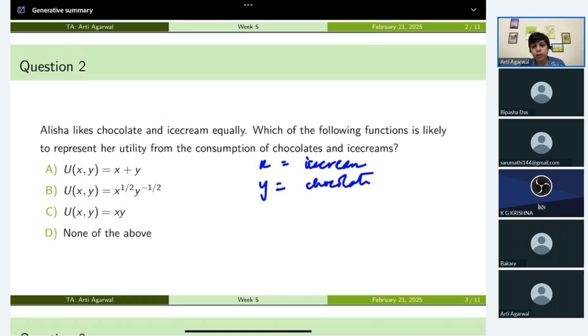You're asked: if she likes both of these items equally, which of the given functions is going to be her utility function?